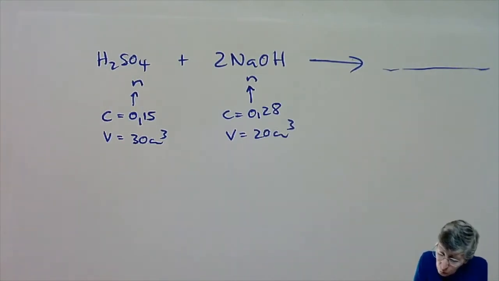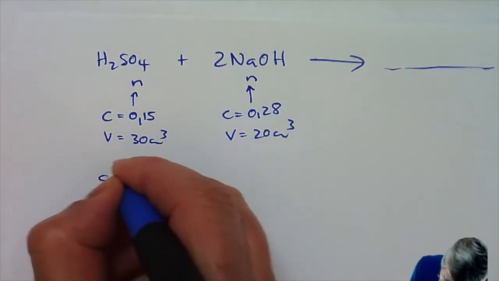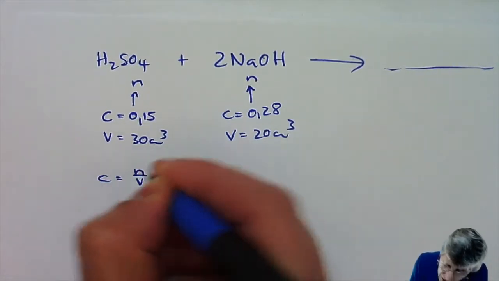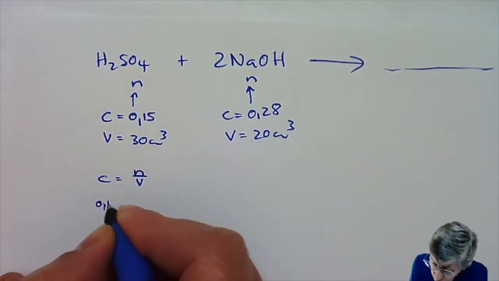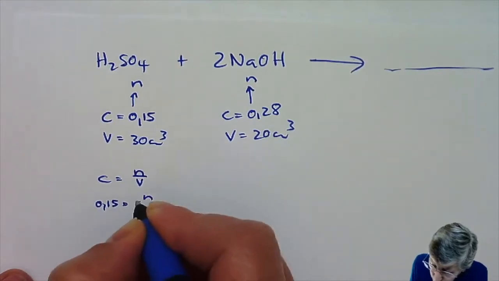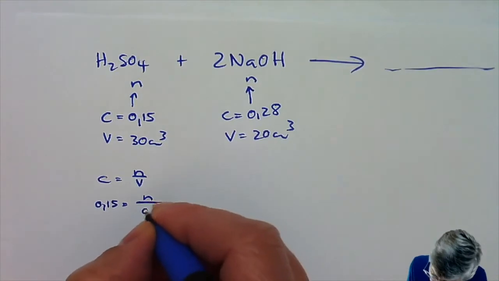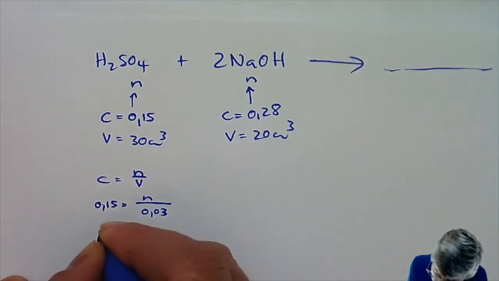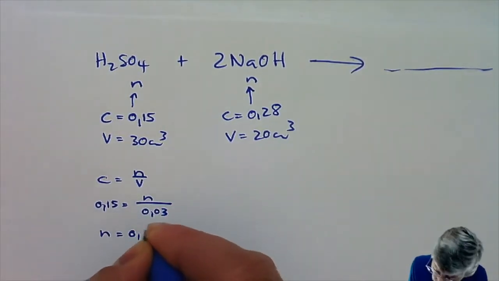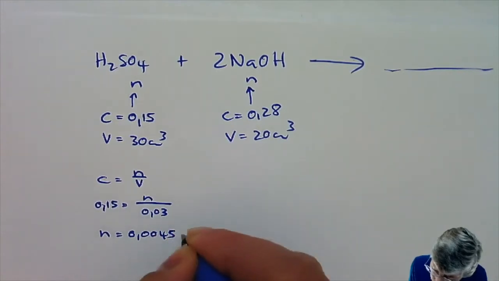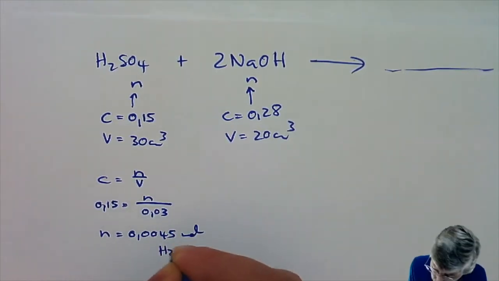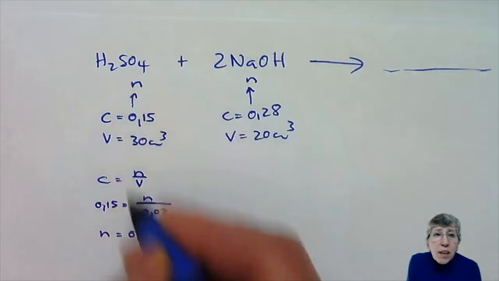Right, so for this we're going to use C equals n over V, right? The concentration 0,15. Remember the volume we have to convert to cube decimeter, so I end up with 0,03, and the moles end up being 0,0045 moles of H2SO4. Right.